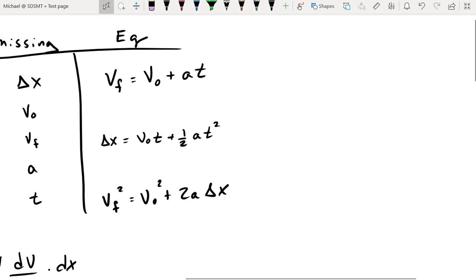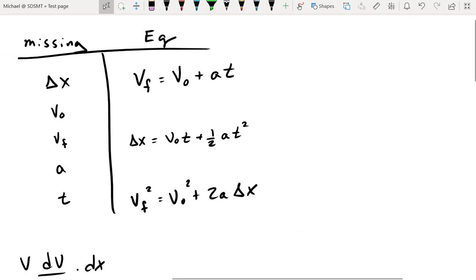In doing so, whatever combination of the equations that we already have, we need to make sure that we eliminate either the initial velocity or the acceleration from the expressions.